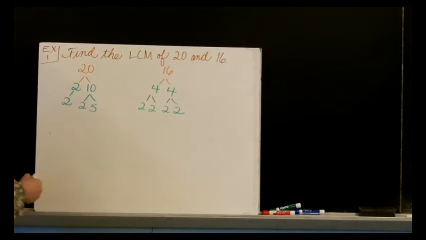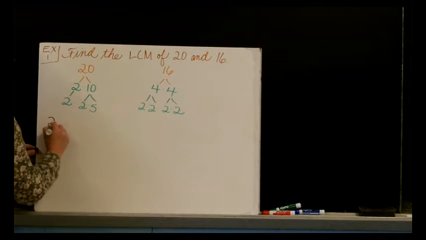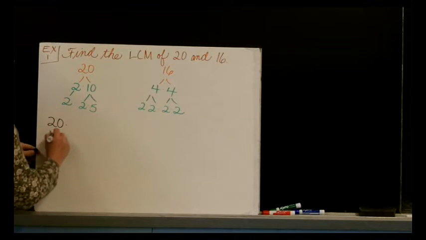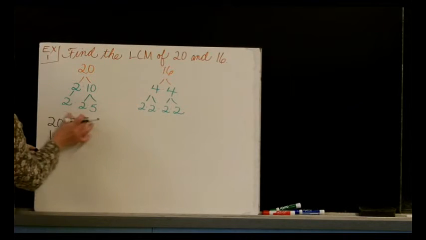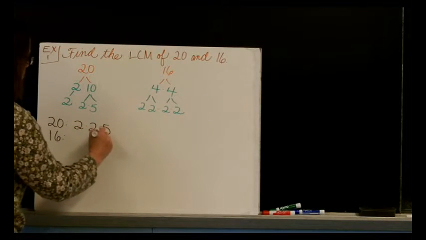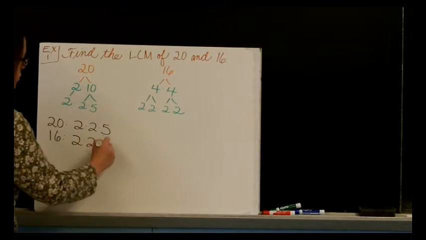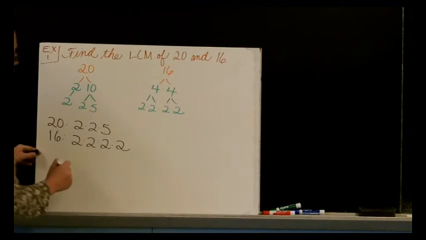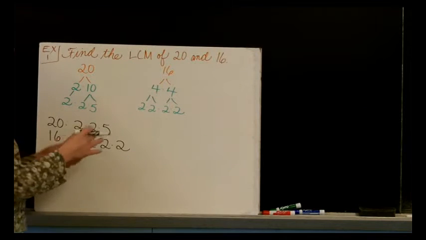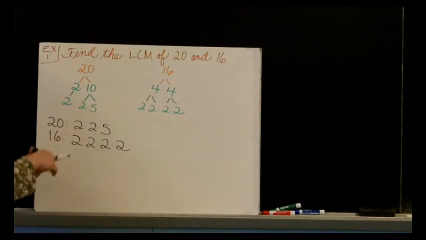Now we have our prime factorization. Our next step is to list our factors in ascending order, and this is how we do it. The factors of 20 are 2 times 2 times 5, and of 16, 2 times 2 times 2 times 2. And remember, we want these rows one above the other so that our next step is easier.